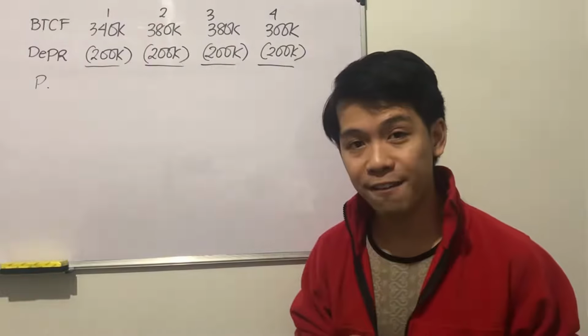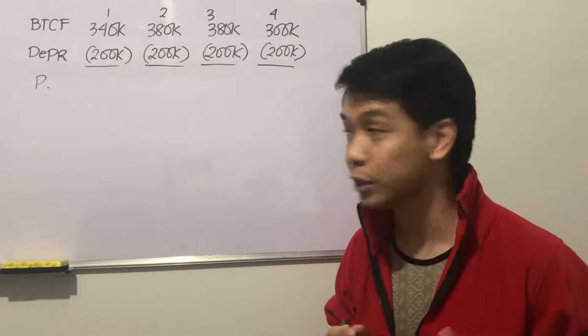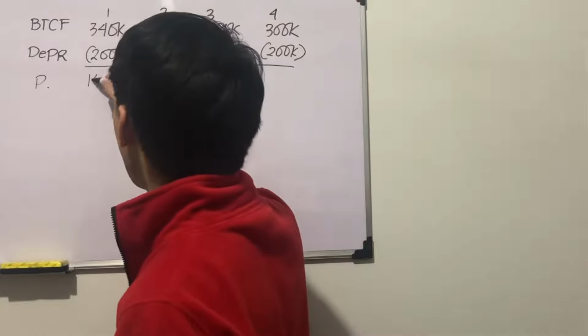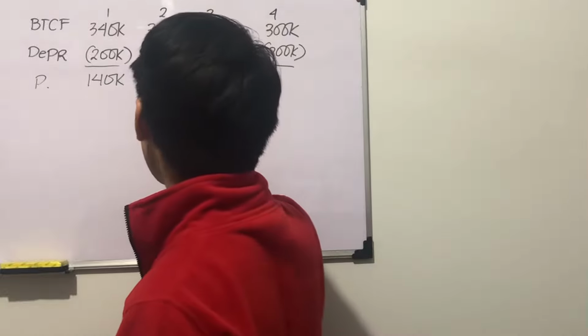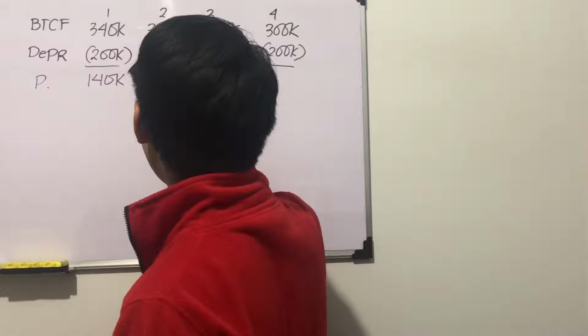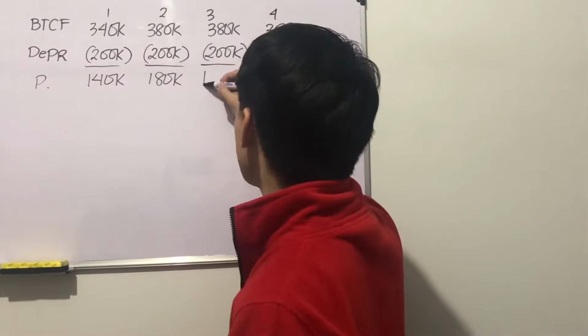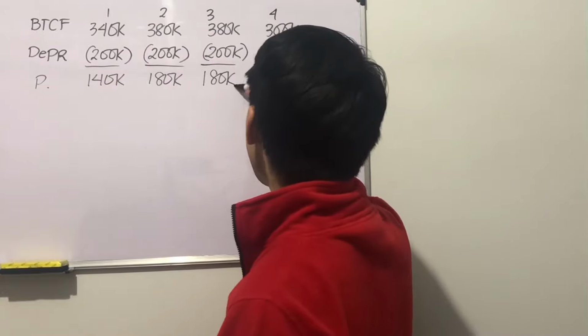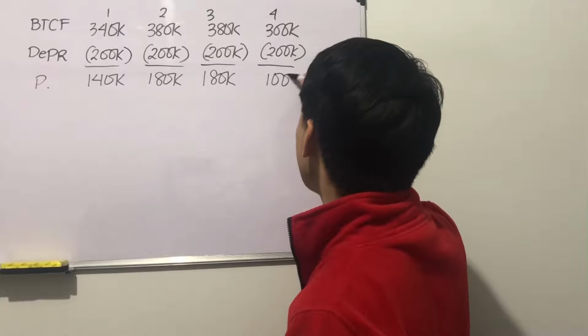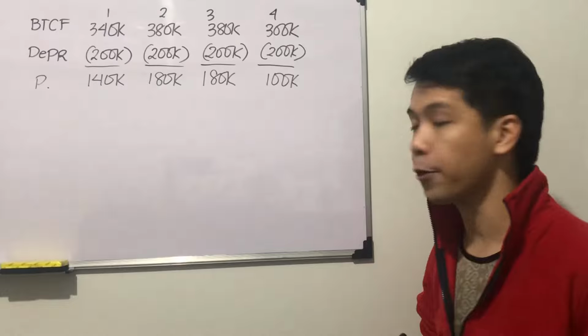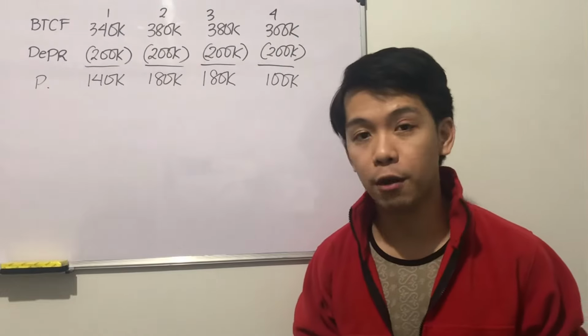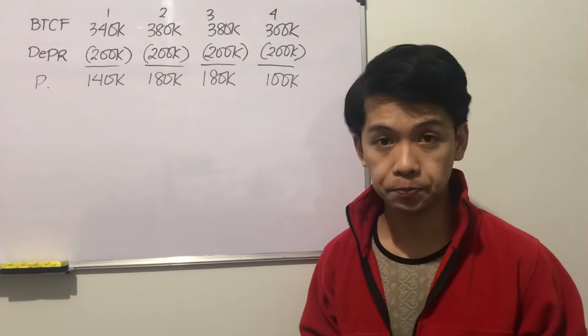We are going to have the following profit figures. 140,000 in year 1, 180,000 both for year 2 and 3, and 100,000 for year 4. These are the profits for each year.